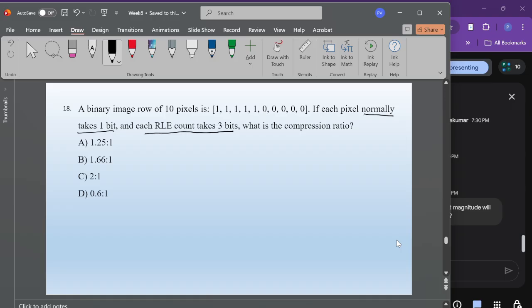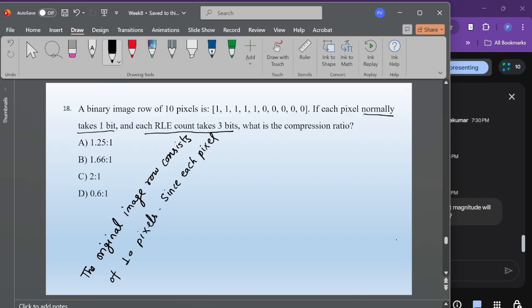So here the original image row consists of 10 pixels, right? And since each pixel takes 1 bit, it is given.